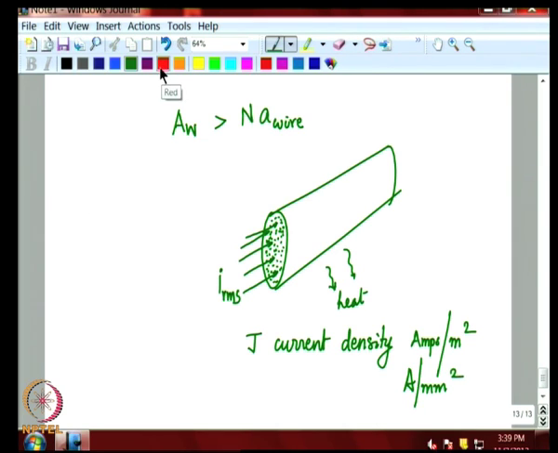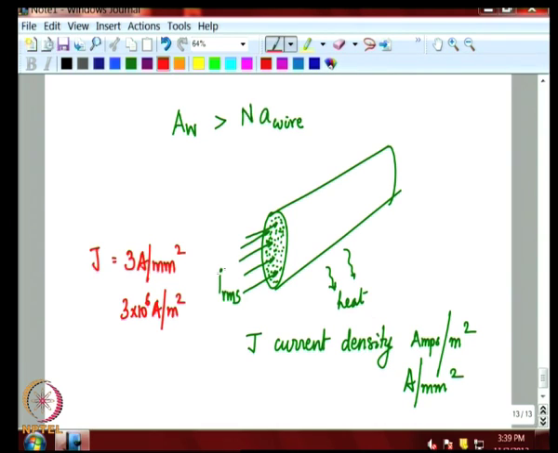So, normally an amount of 3 amp per mm square, or 3 into 10 power 6 amp per meter square, is the amount of current density that is considered as nominal.